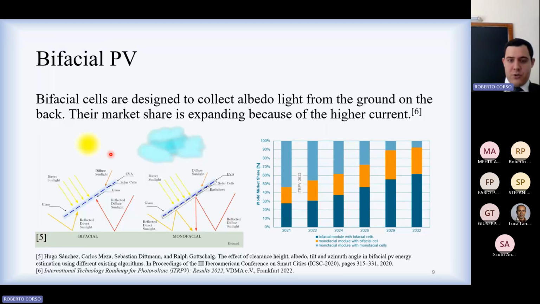It has shown up in the market in the last decade, but due to its simplicity and significant advantages, it has been gaining an expanding market share, as we can see, and is expected to overcome half of the module installations in the next years.